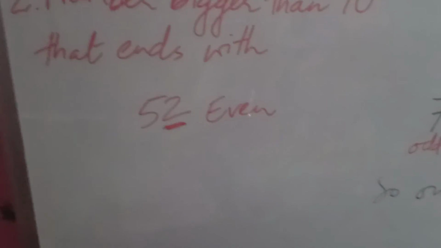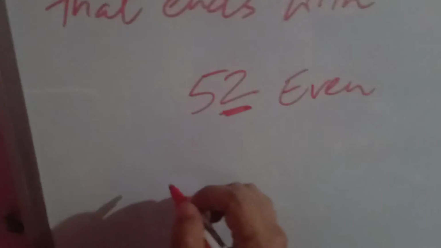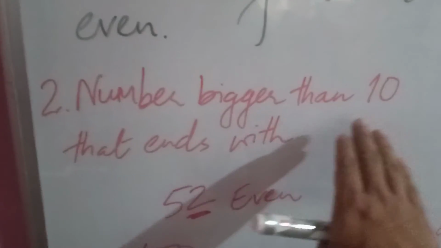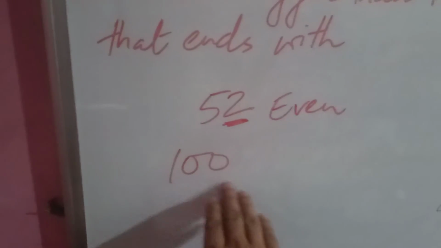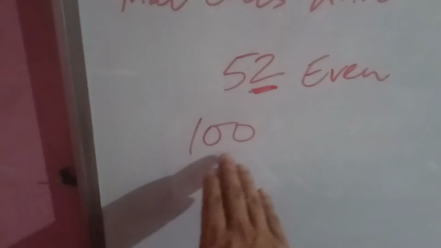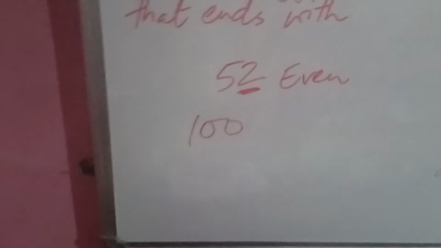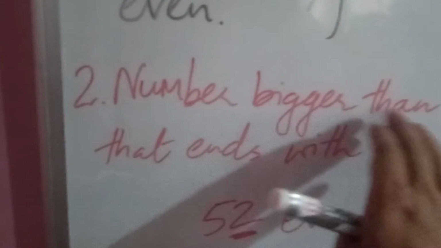Let's take a few more examples. Let's take 100. It is obviously bigger than 10. So how will we know whether 100 is even or odd? We look at what it ends with.